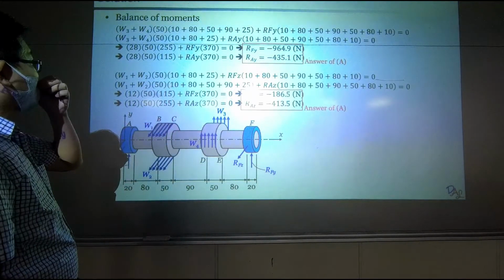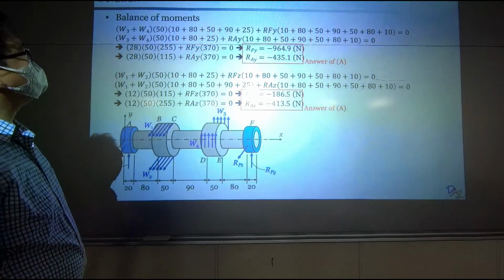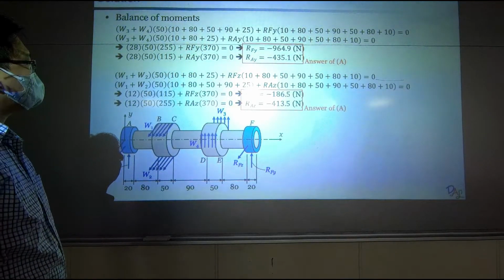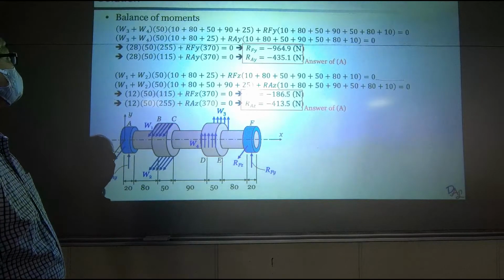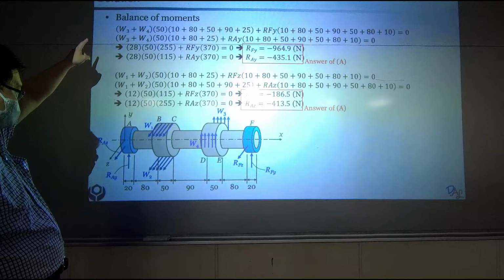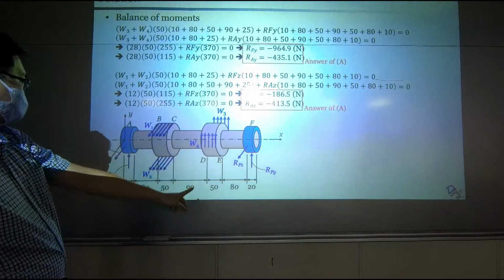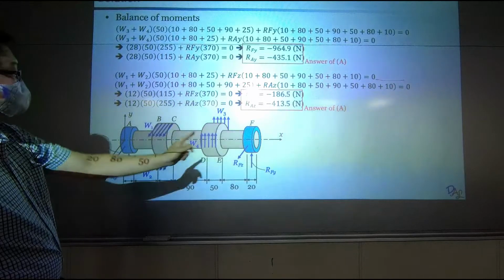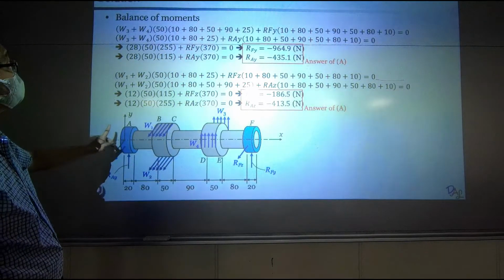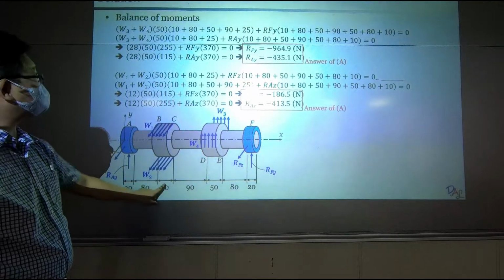First, this one is using balance of moment, okay? So the first one, I'm using times 50. I need to know where I put the center. 10 plus 80 plus this plus.